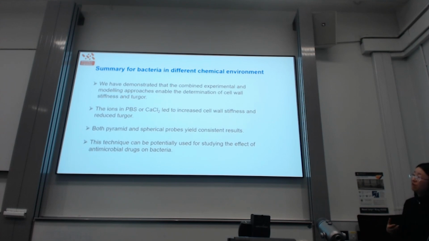As long as we use the appropriate equations, whether we use pyramid or spherical probes, we get consistent results. We also believe that, for potential applications, we can use this to study the effect of antimicrobial drugs on bacteria. The modeling framework we developed can also be used for engineering materials, such as capsules.